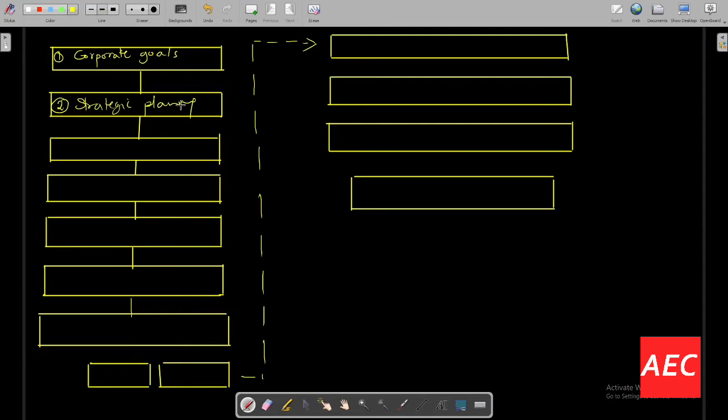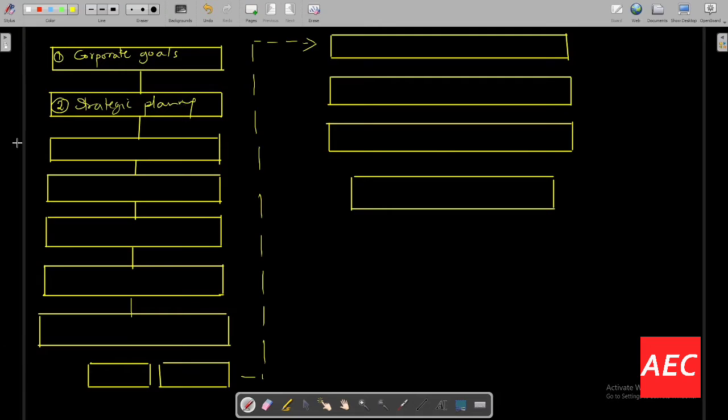The strategic plan translates the firm's corporate goals into specific policies that the company wants to achieve by setting priorities, and specifies the structures within which those priorities can be achieved. So basically the strategic planning process is looking at how the company wants to position itself and how it must undertake the positioning.